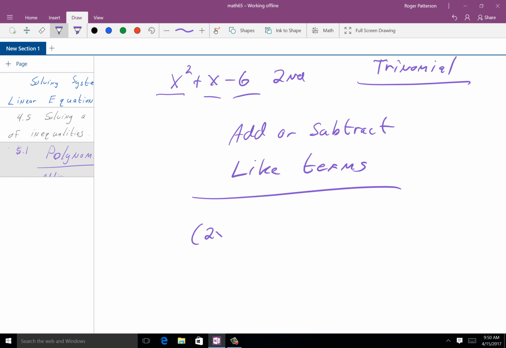That was the same thing up here, where we had 7x cubed plus 4x squared. Can't combine it. They've got to have the same exponents to combine them. Don't let the exponent stuff throw you too much.